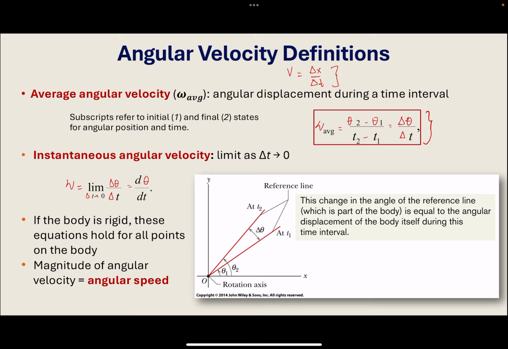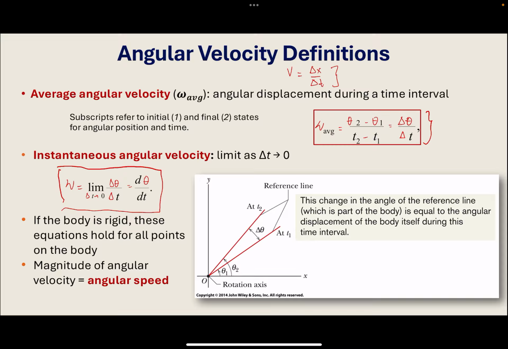And we have omega equals the limit as delta t approaches 0 of delta theta per delta t, equals d theta per dt. It represents the rate of change of angular position at a given moment in time.